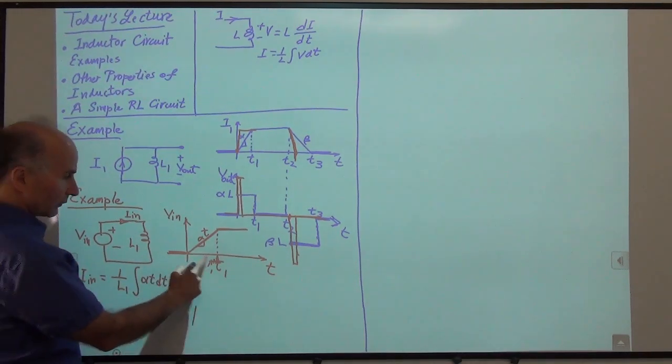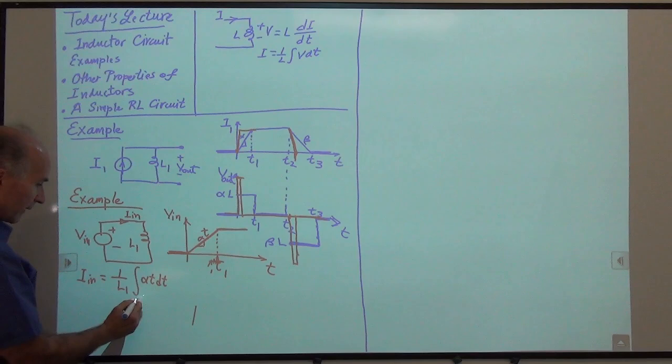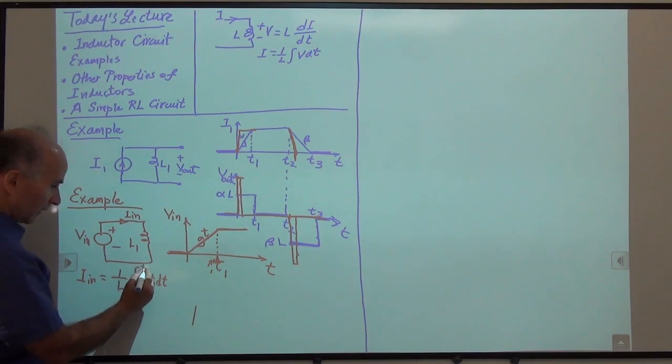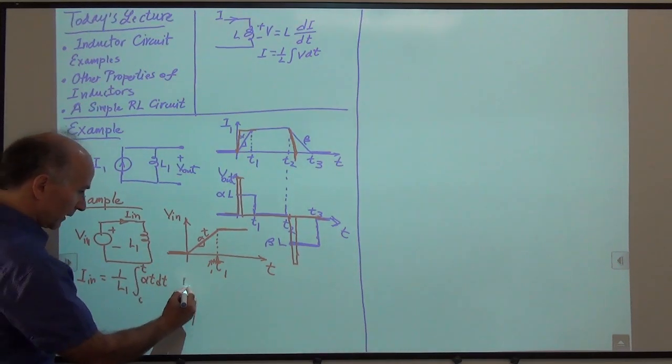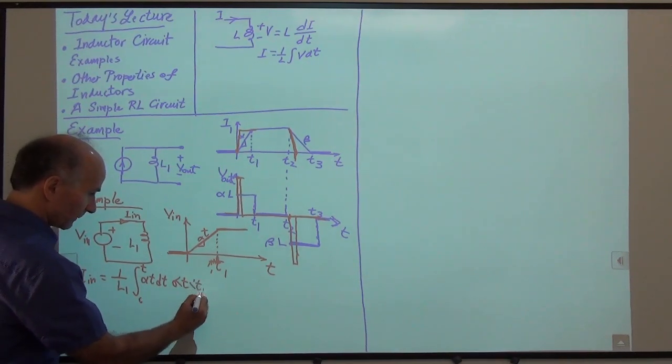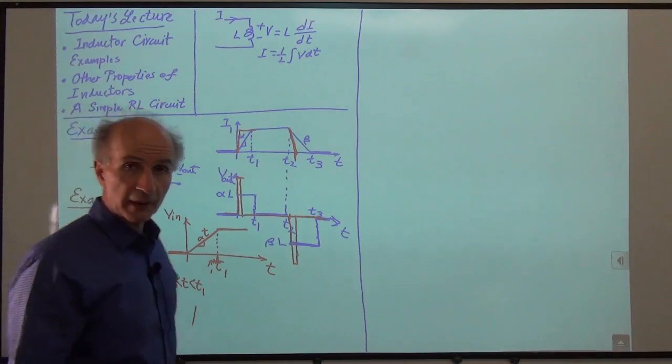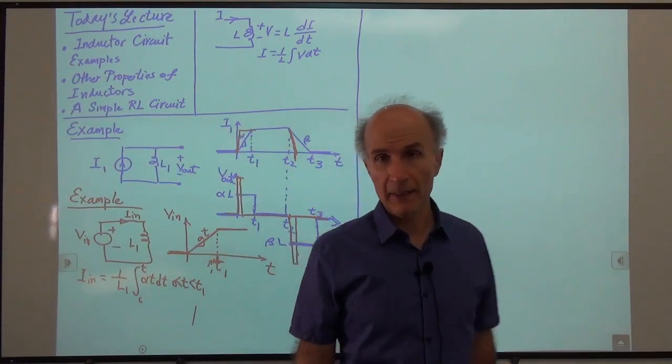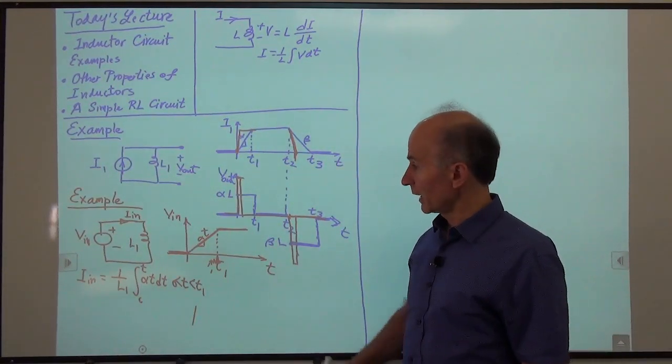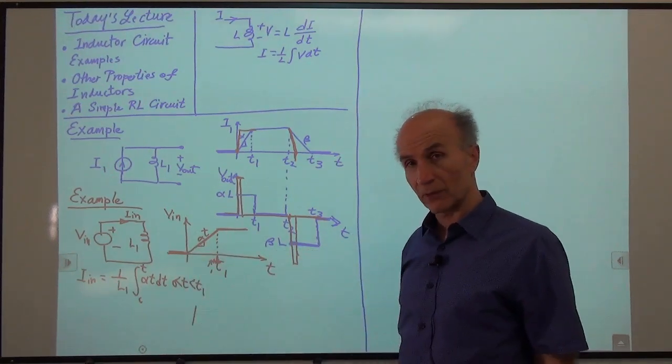This is for 0 to T1, right? So from 0 to t, and for t between 0 and T1. That's the equation that we have for the current passing through the inductor in response to this ramp voltage.